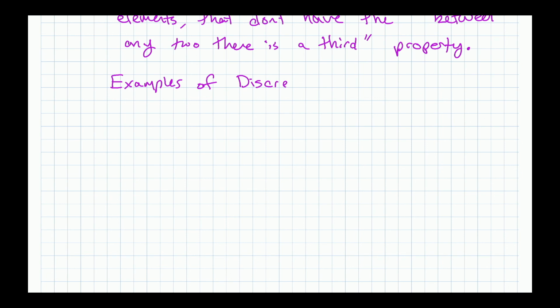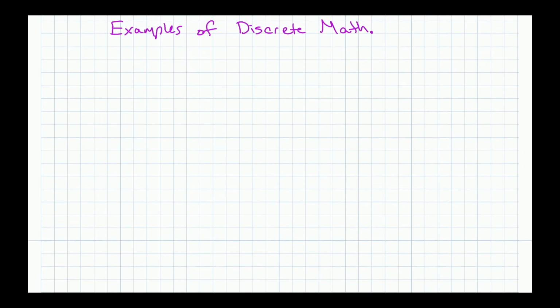Well, first of all, we could have number theory. Number theory specifically deals with whole numbers, no decimals.